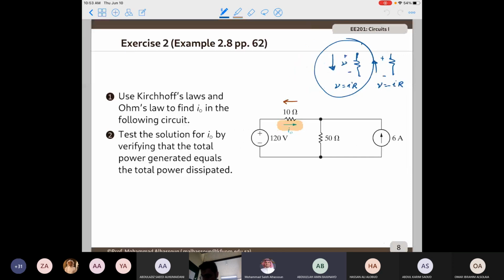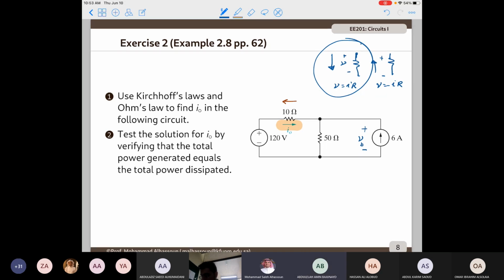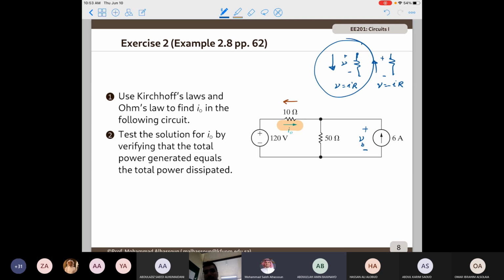It's 6 ampere multiplied by the 120. No, the 120 volt source is not in parallel with the 6 ampere source, so the voltage drop across the 6 ampere source is not 120.